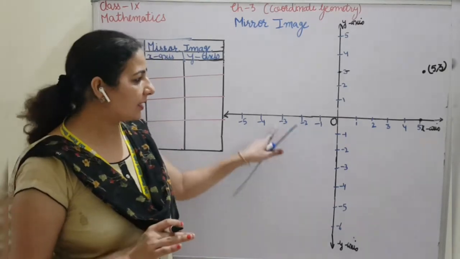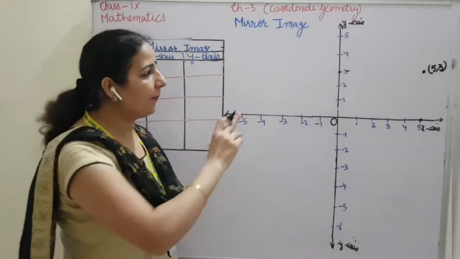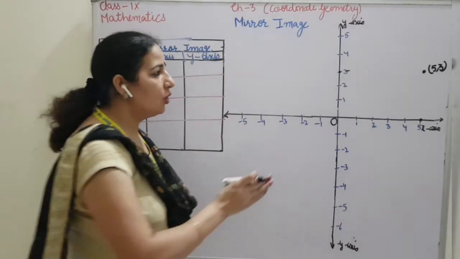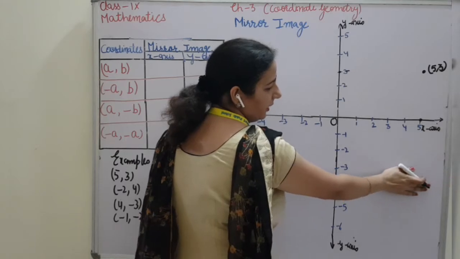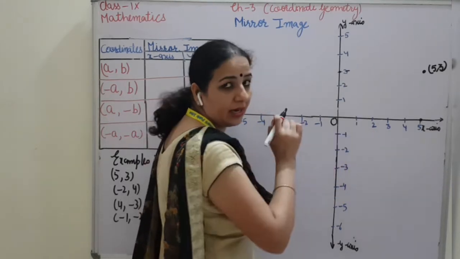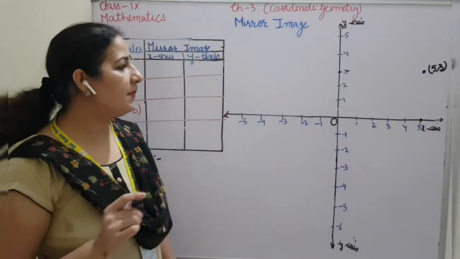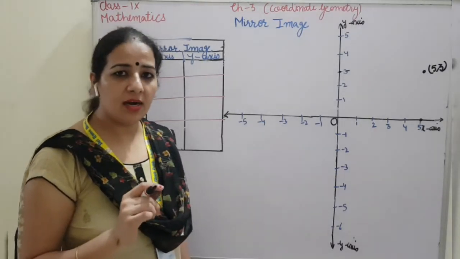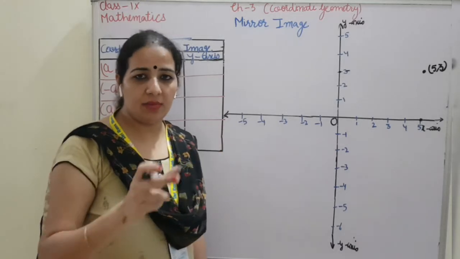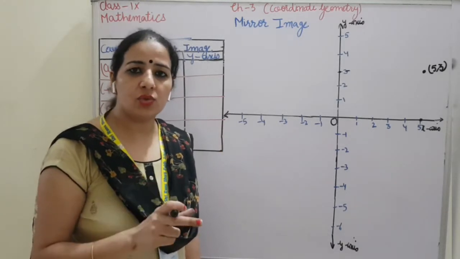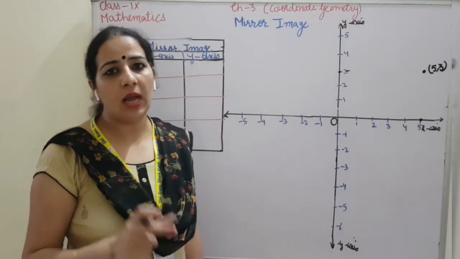Fine. So the x-axis is our mirror, and the point is 5,3. Mirror image means if 5,3 is here, then we have to see 5,3 here. You all know that the distance of the image from the mirror is equal to the distance of the object from the mirror.